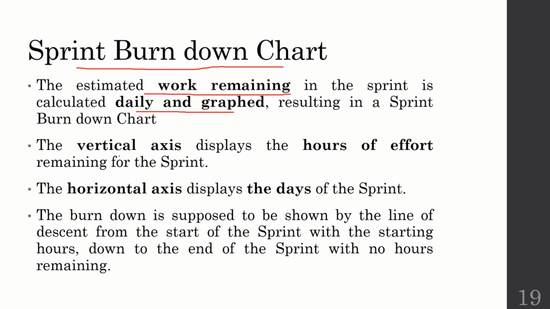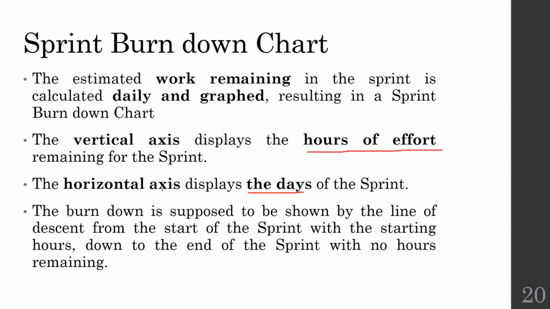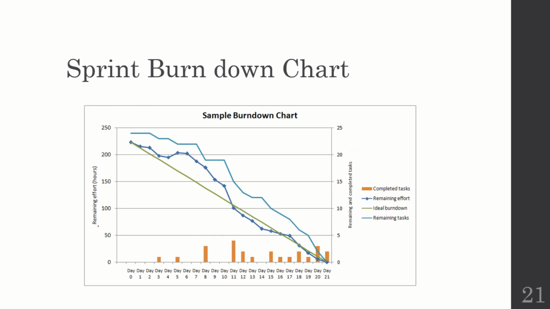The graph is showing you the hours of effort remaining for the sprint on its vertical axis, whereas the days are displayed on the horizontal axis. Like here you can see in the next slide that the remaining effort is presented on the vertical axis, while the days are being shown on the horizontal axis.